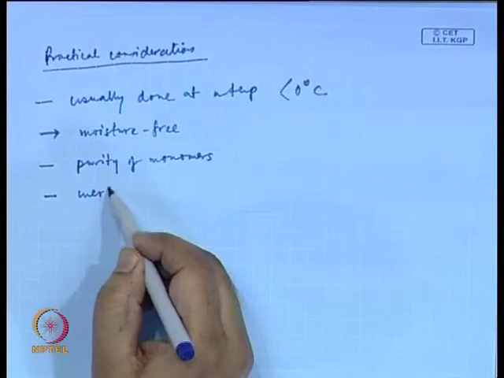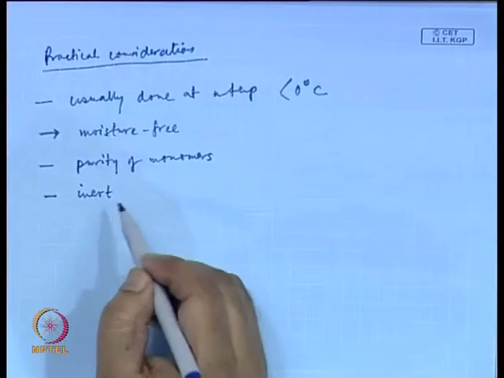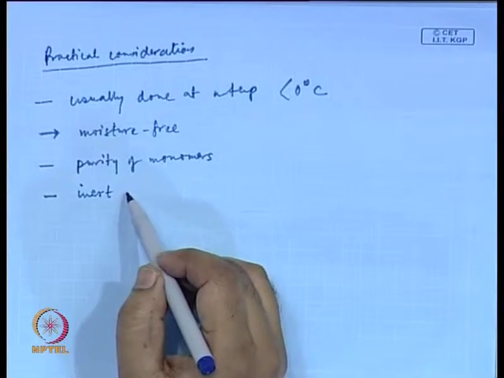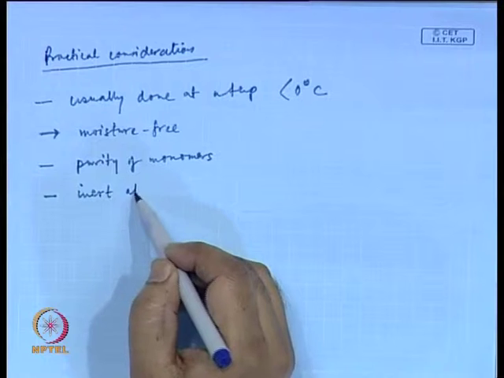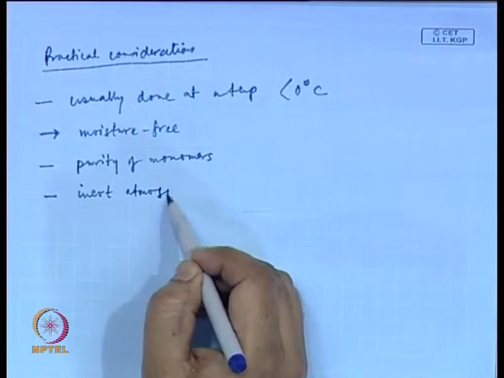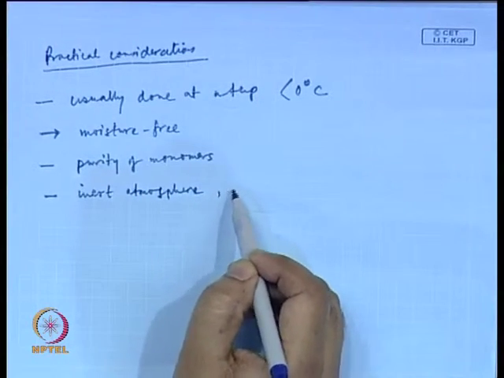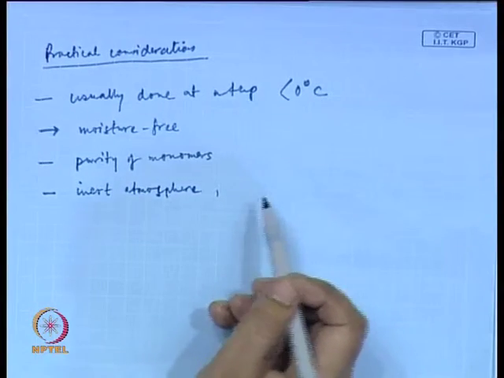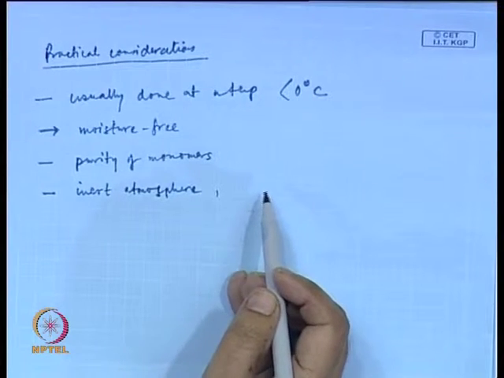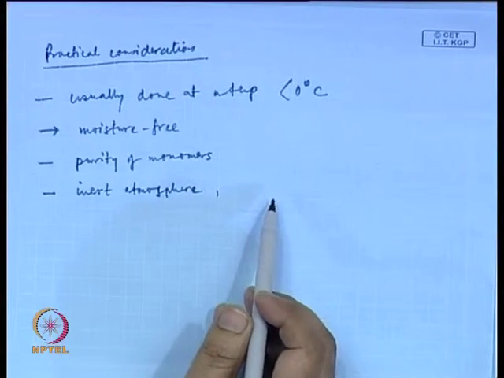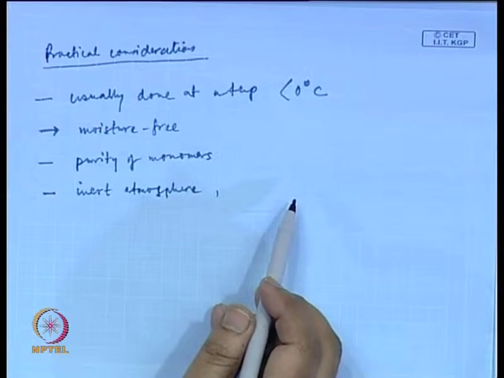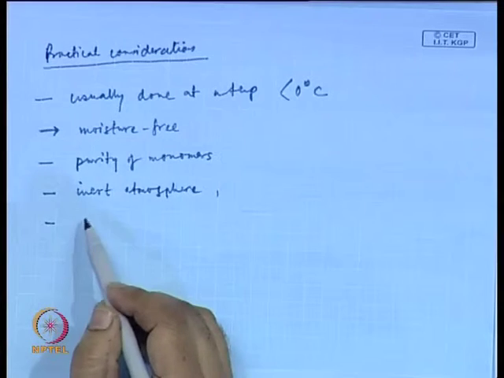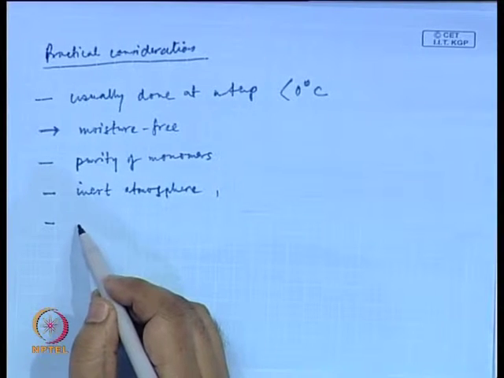Oxygen is also a killer for this cationic polymerization, so an inert atmosphere is needed, and for that the nitrogen or the argon gas which are used for creating the inert atmosphere must be purified very rigorously. And because these reactions are very fast, sometimes they happen in seconds.